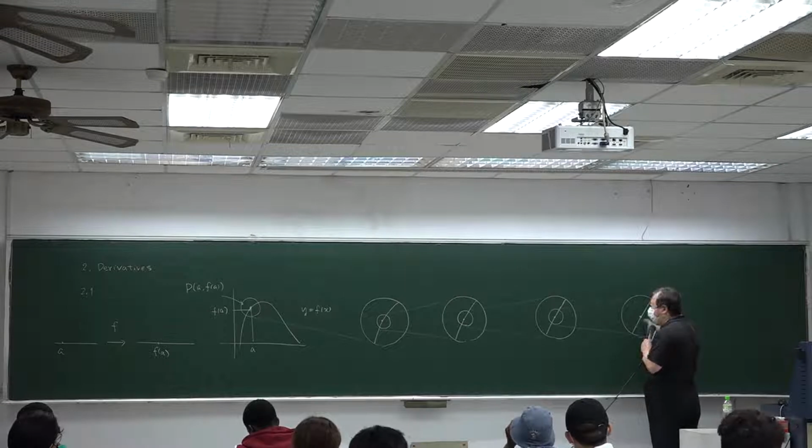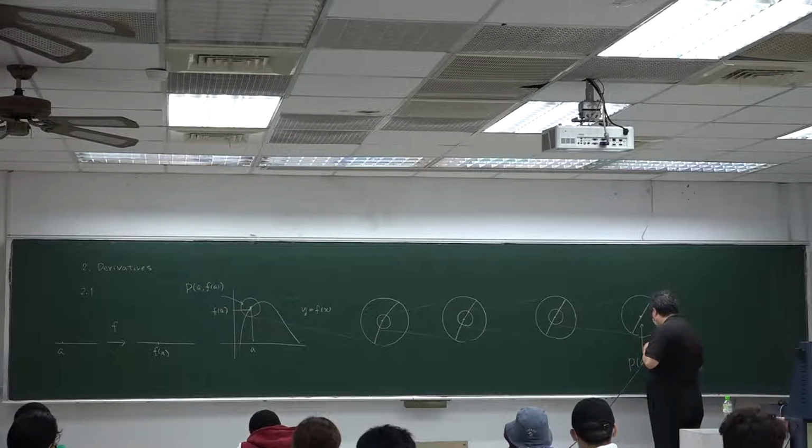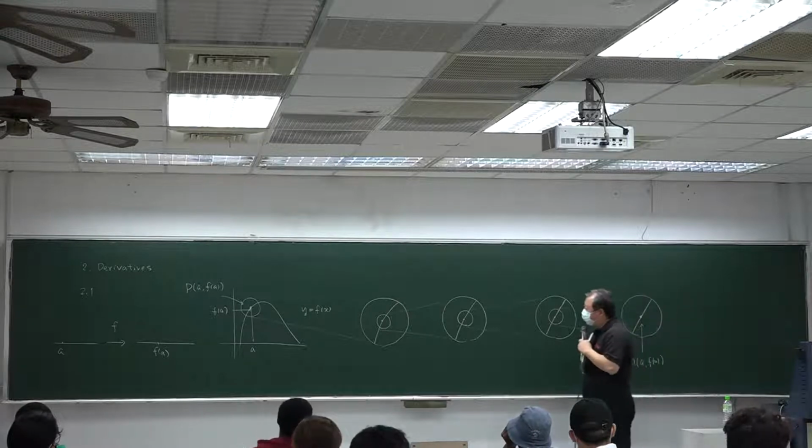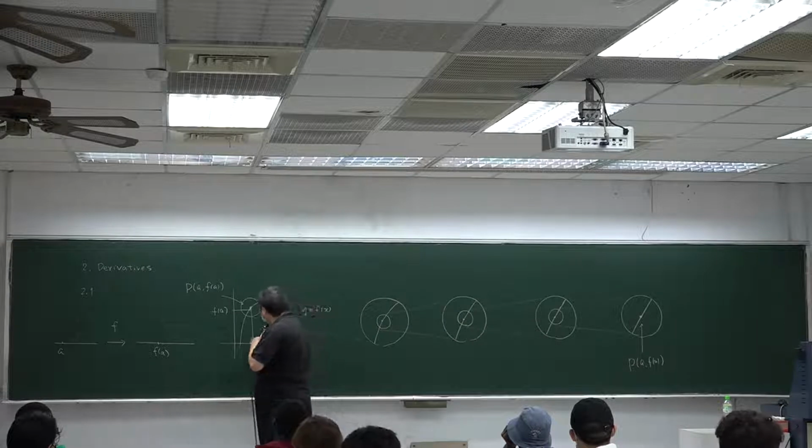Can you give the equation of this straight line? Yes. This point is P. We may choose some point nearby a, very close to a.